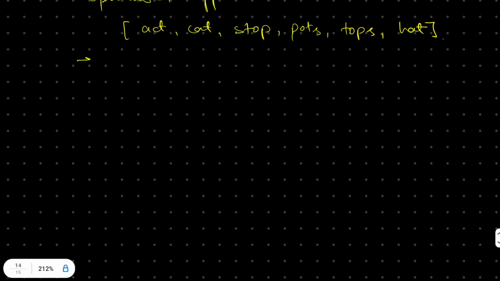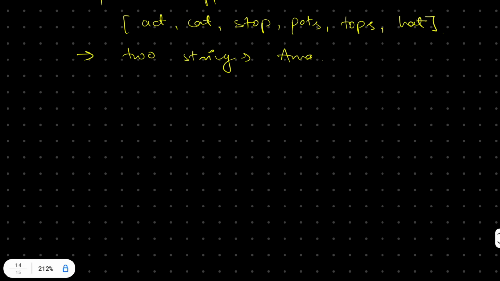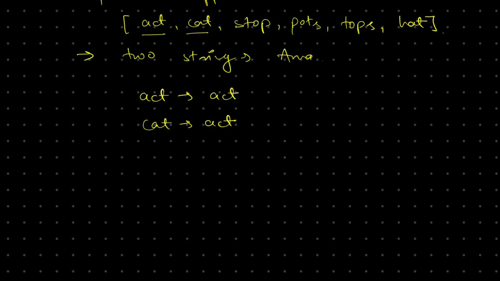If we have two strings that are anagrams, we can sort them and they become identical. Let's say for act and cat, if we sort act, it stays act, and for cat, if we sort it, this will also become act. So this will produce the same sorted string. So instead of comparing every pair manually, we can use the sorted string as a key.